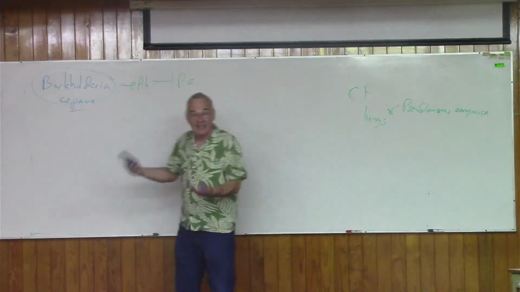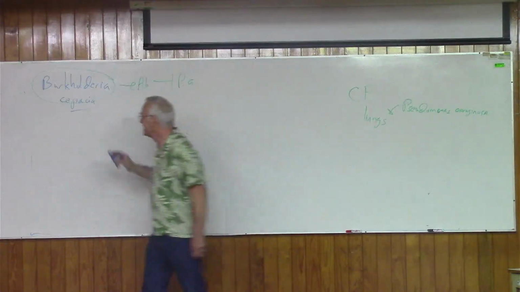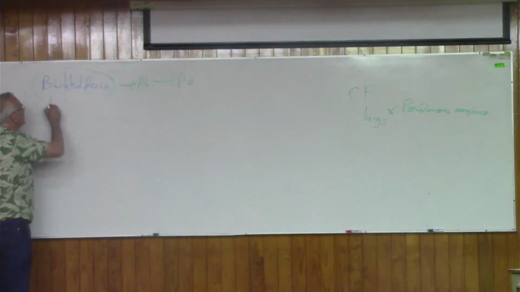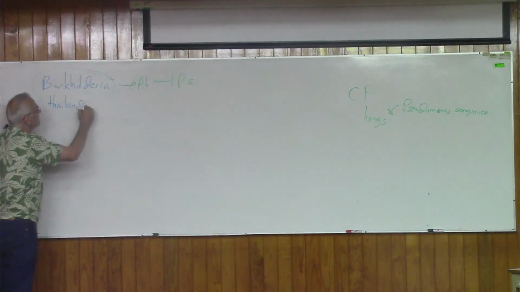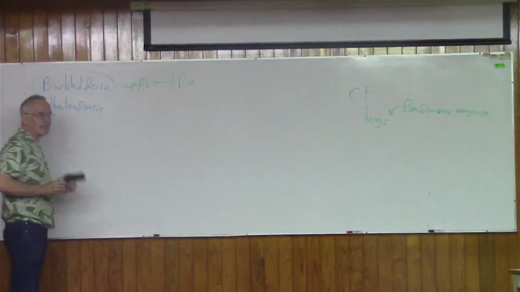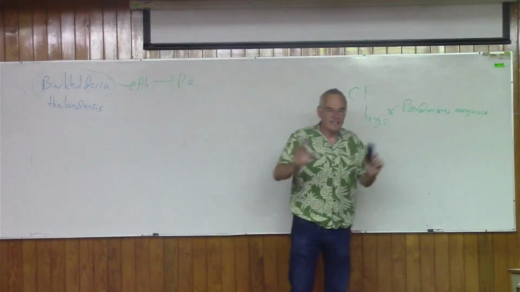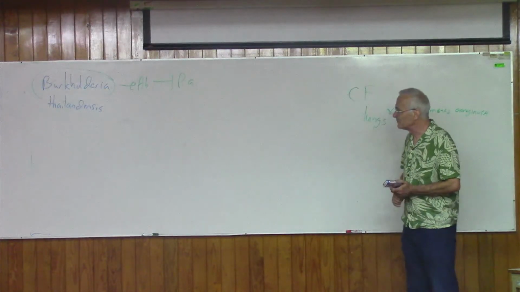I took a Burkholderia species that was not a BSL2. Okay, so we decided that we'll start with one called thailandensis. That's something we could work with in the lab, and I wasn't afraid that someone might catch it or anything like that. Okay. So that's why we chose that organism.